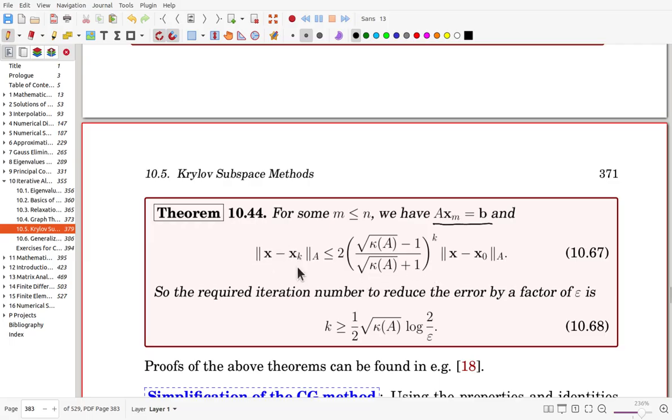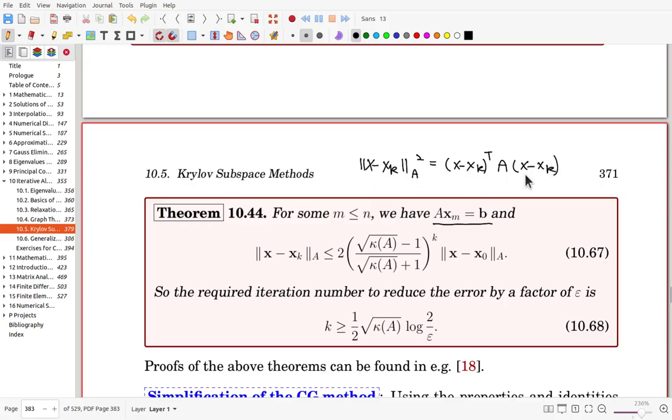So at the k-th stage, the error is measured with a norm. For example, now x minus x_k, the norm squared, is the same as x minus x_k transpose A times x minus x_k.